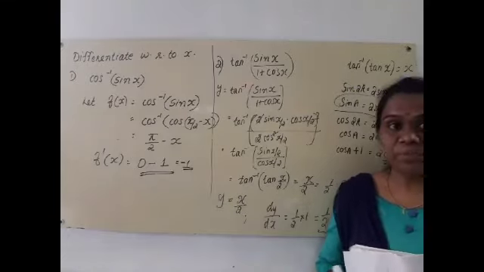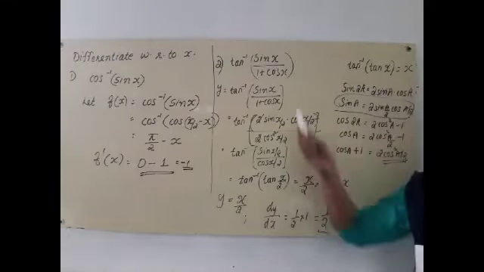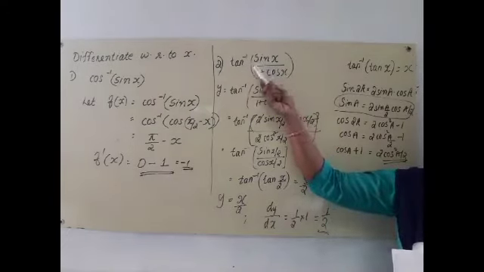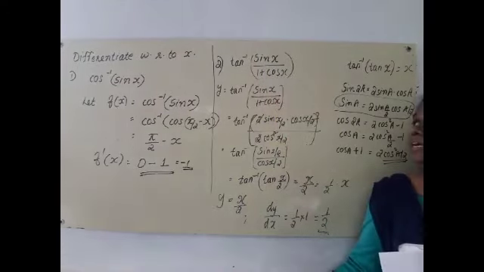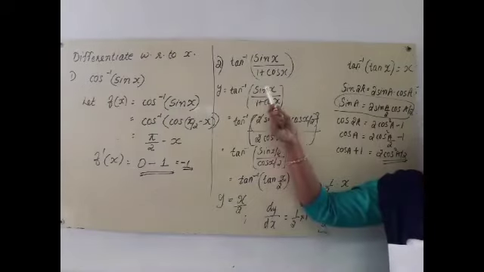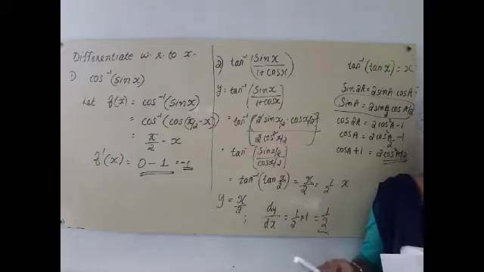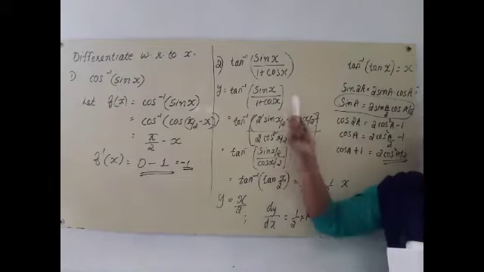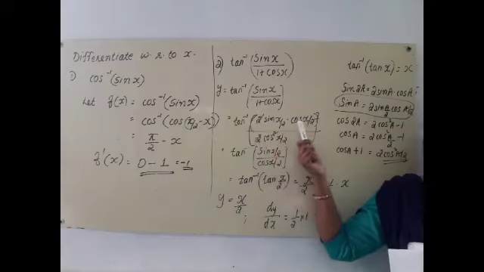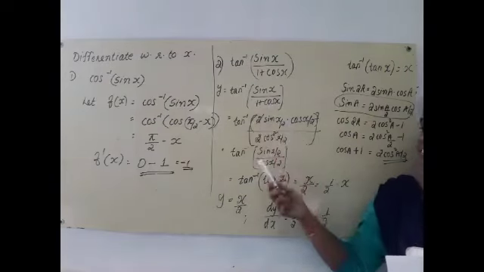Once more I would like to explain this. Tan inverse of sin x by 1 plus cos x. How to write sin x? Sin 2a is equal to 2 sin a cos a, so sin x is 2 sin x by 2 cos x by 2. 1 plus cos x is 2 cos square x by 2.